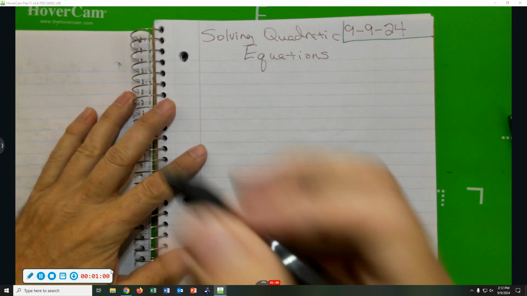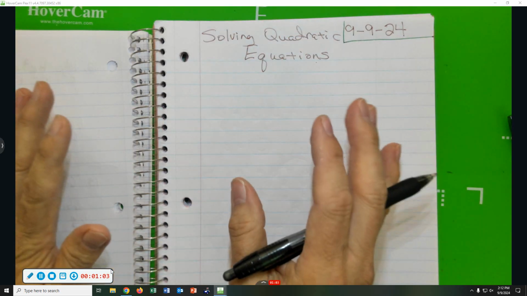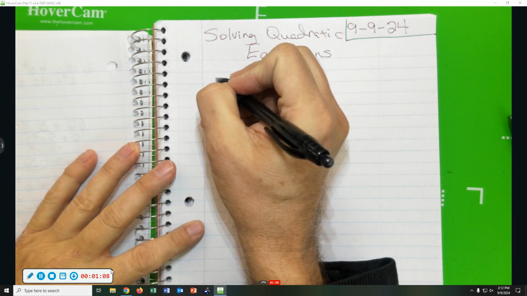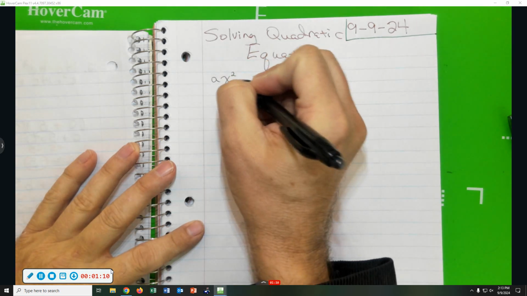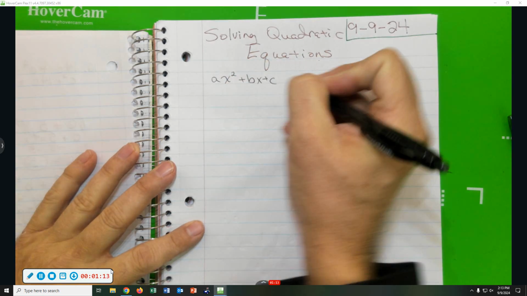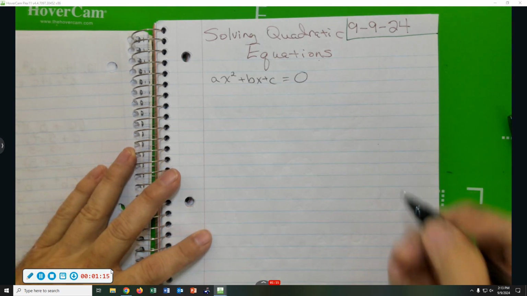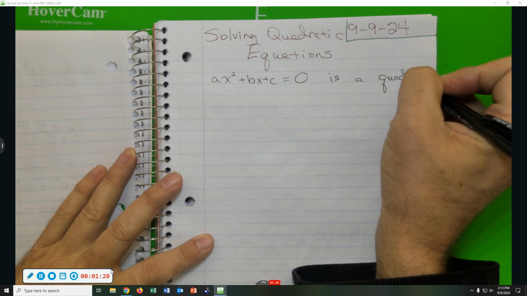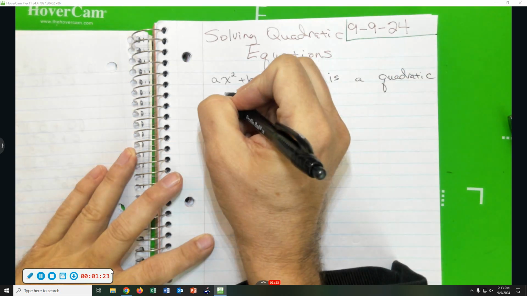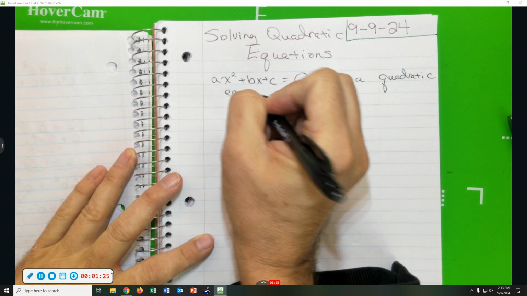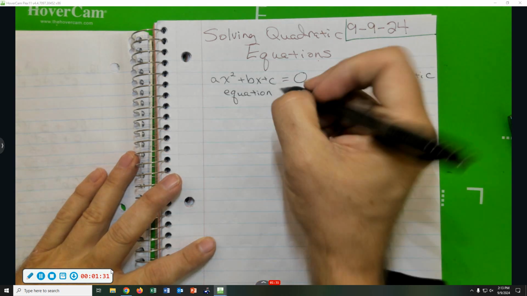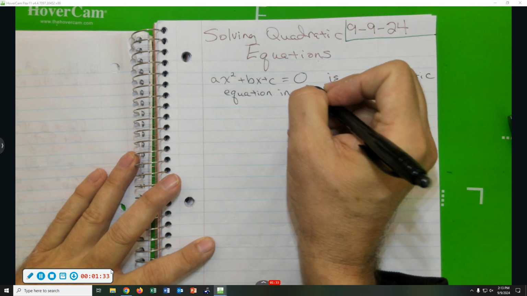I'm going to say that there are 4 generally accepted methods of solving quadratic equations. I'm going to write ax squared plus bx plus c equals 0 is a quadratic equation in the variable x.